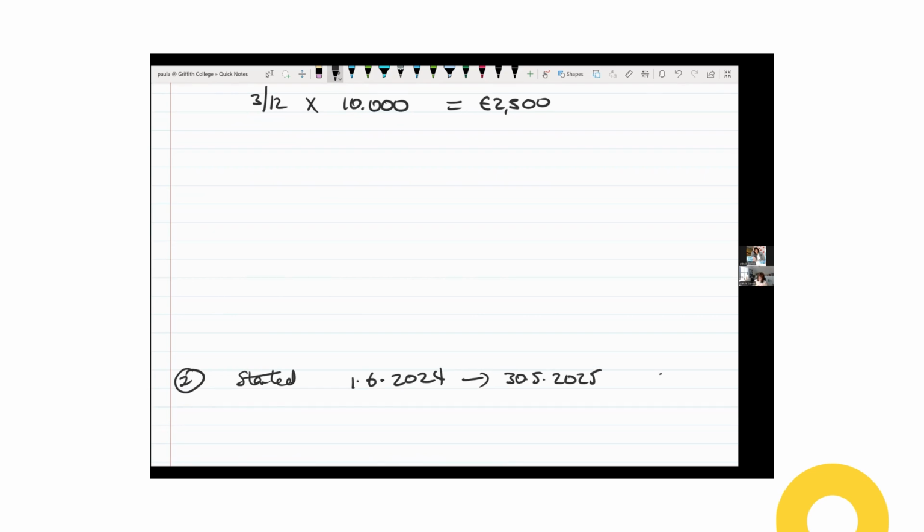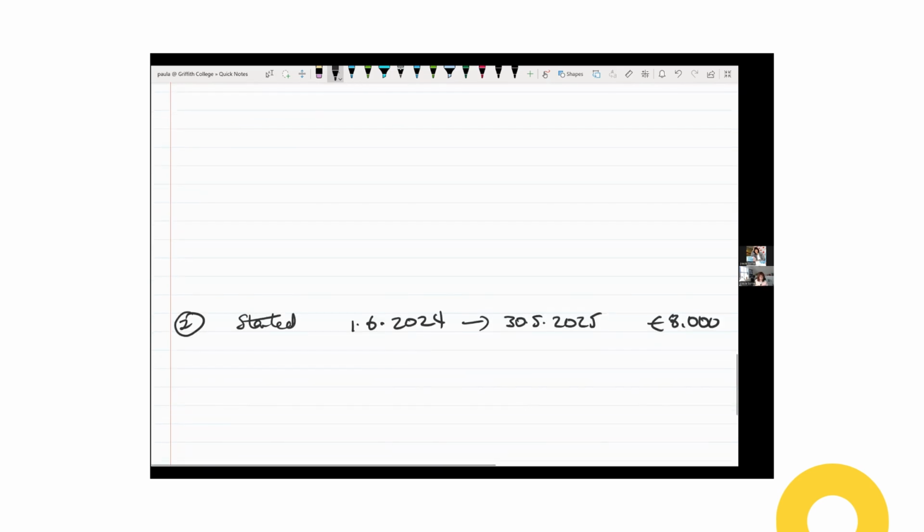And let's say that the profits that I made were 8,000 in this particular example. So the year of commencement is the year I started, which is 2024. So 2024, it'll be the profits that were earned from the date we started to the end of the tax year, the 31st of the 12th, 24.